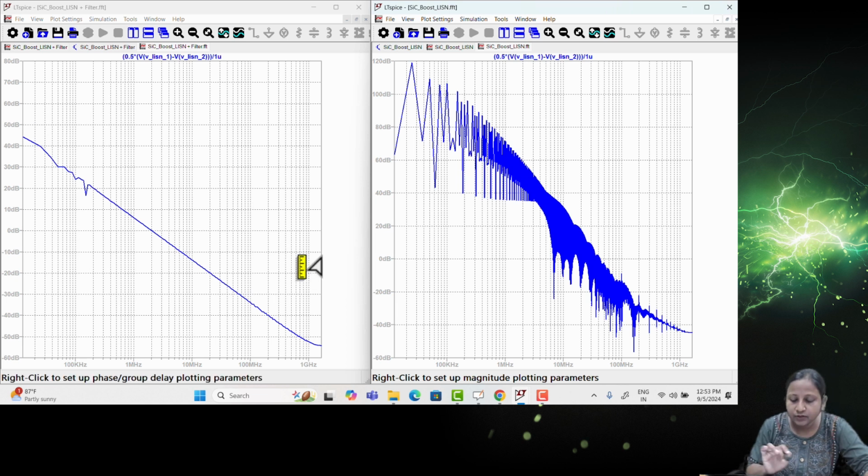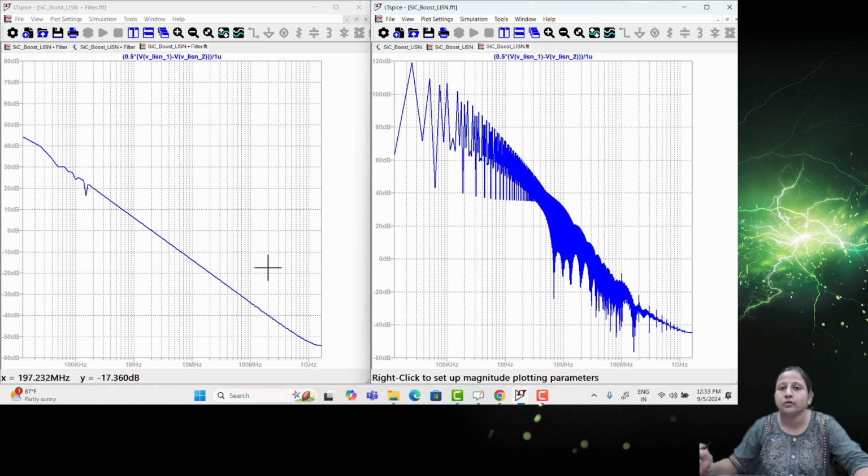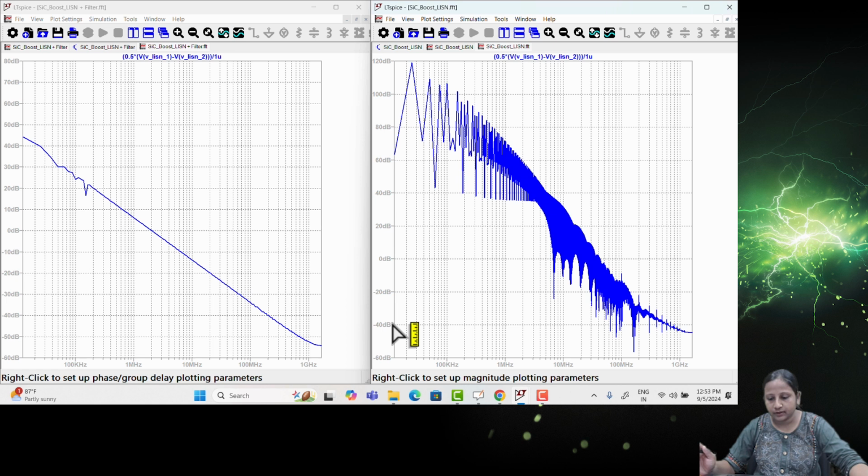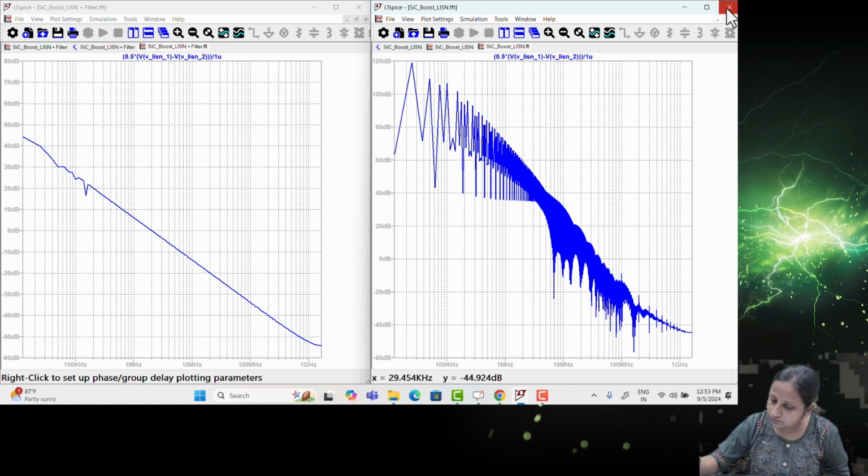If you compare this result, you will see the entire thing is well below the standard provided. So we can consider that this is working fine, and your system with the filter is working perfectly fine. Now we can close this window.